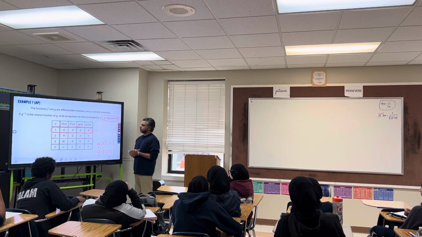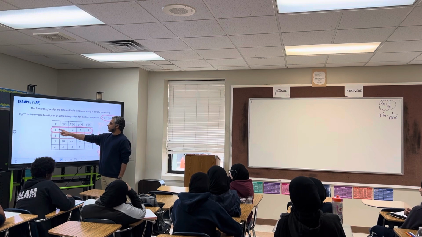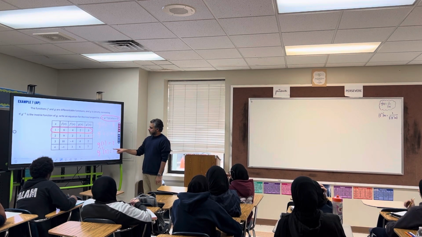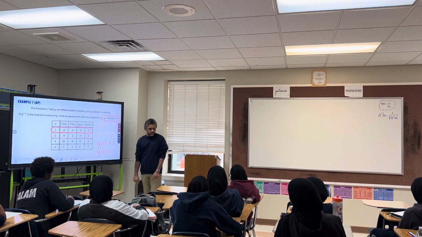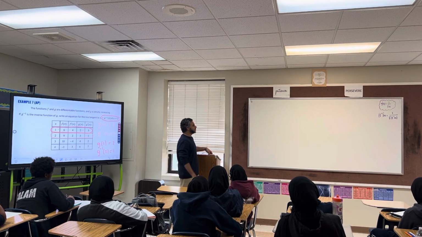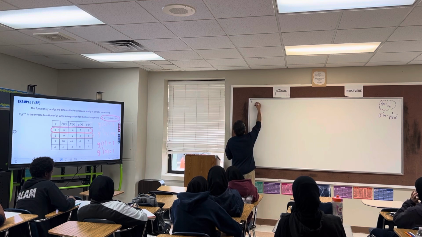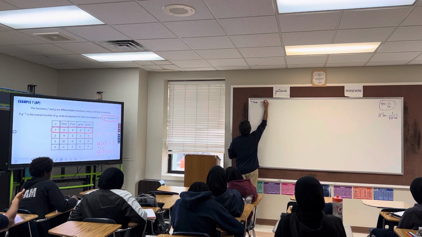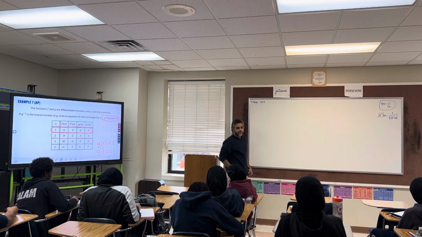So actually, you're going to be using this combo over here. Okay? So first write that down on your paper. g inverse of 2 is equal to 1. That is actually our point. So 2 comma 1, like that.